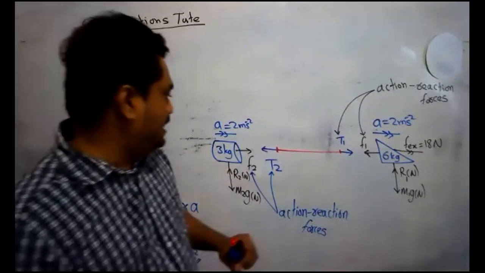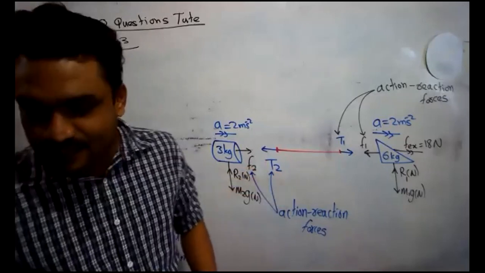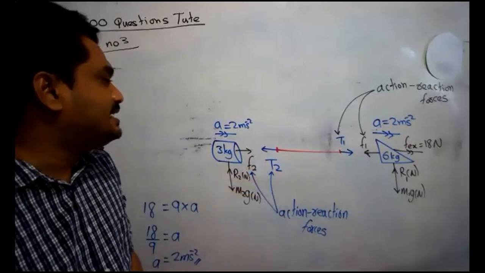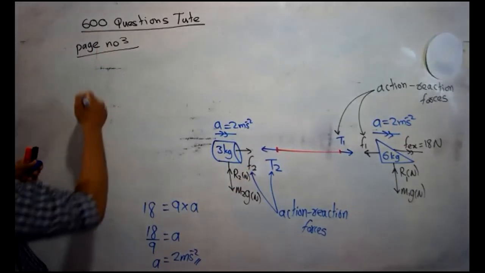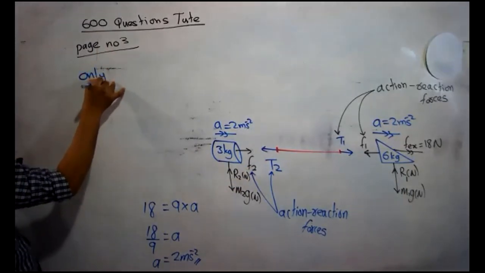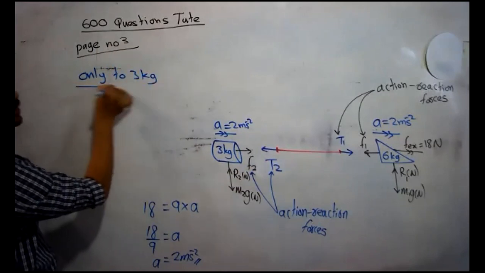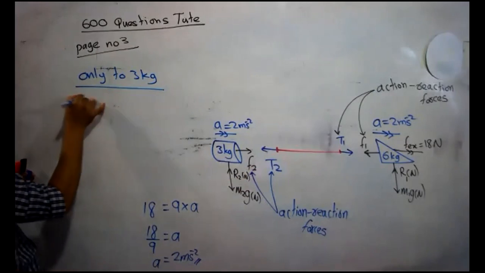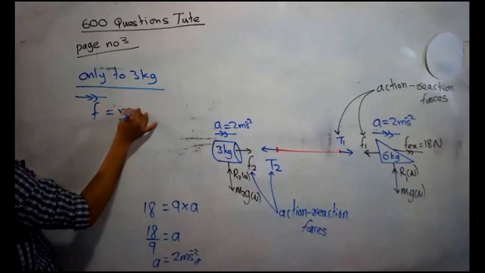So I want to find this F2 and T2. To find F2 and T2, the easiest method is to look at the board. Only the 3 kg object, please clearly indicate, into the right hand side horizontally. Let's apply F equals ma.